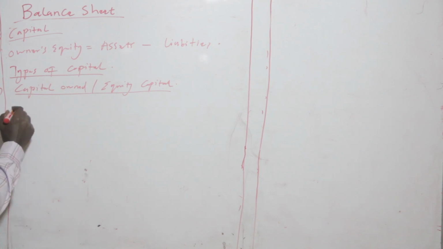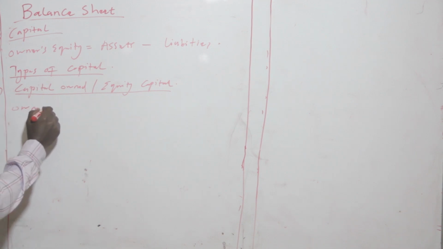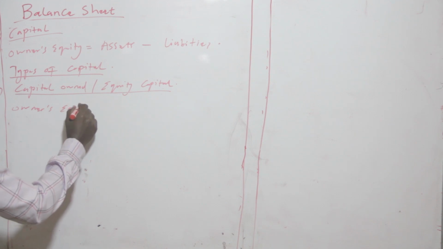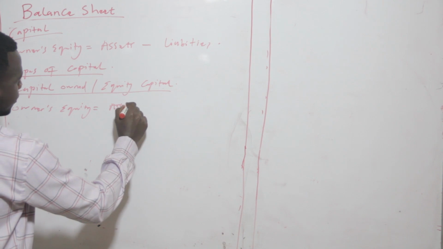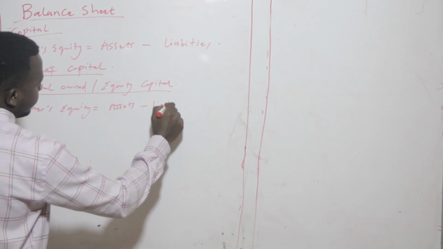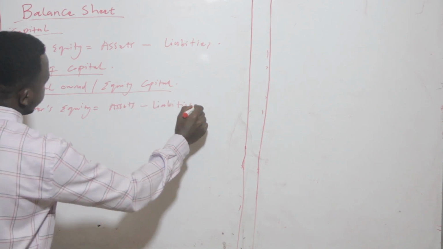So using the formula, we can say owner's equity is equal to assets minus liabilities. So this is the formula.